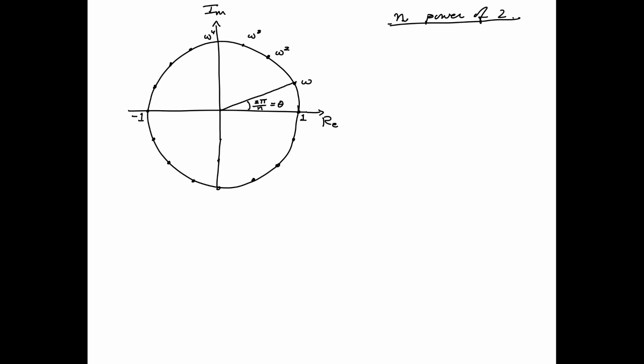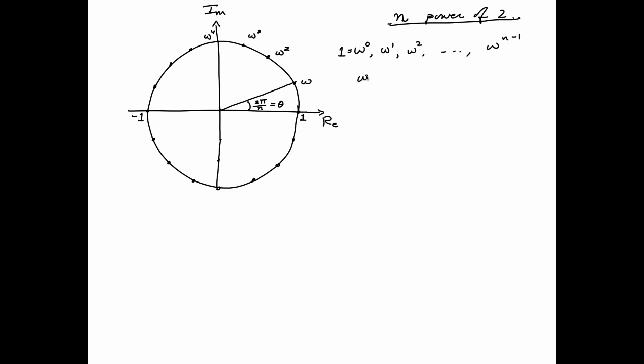Okay, so now there are a few properties that omega satisfies. First of all, the nth roots of unity are just omega to the 0, which is 1, omega to the 1, omega to the 2, through omega to the n minus 1.